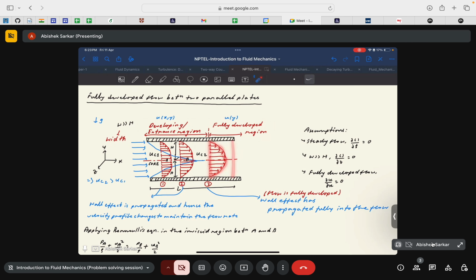So there will not be any further acceleration or deceleration of the fluid in the fully developed region. But in the case of the developing region, this velocity profile keeps on changing from one location to another.